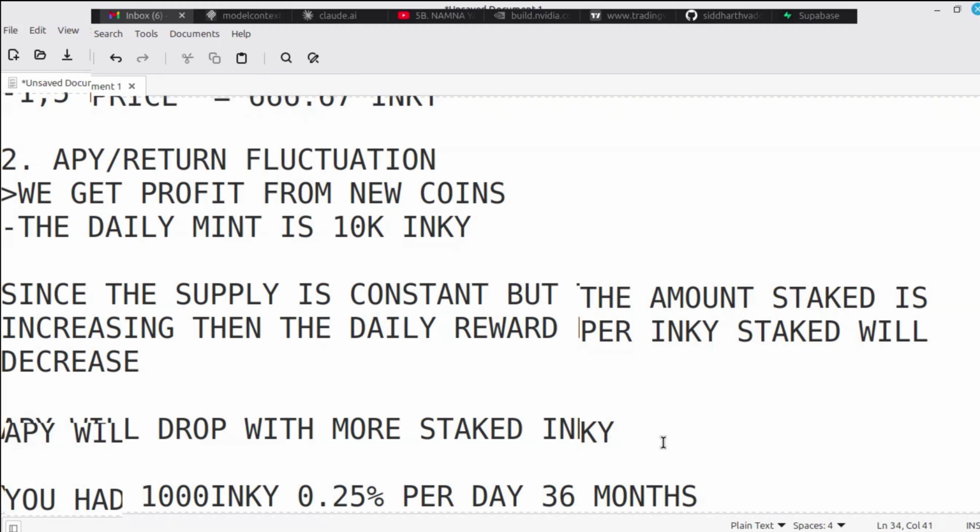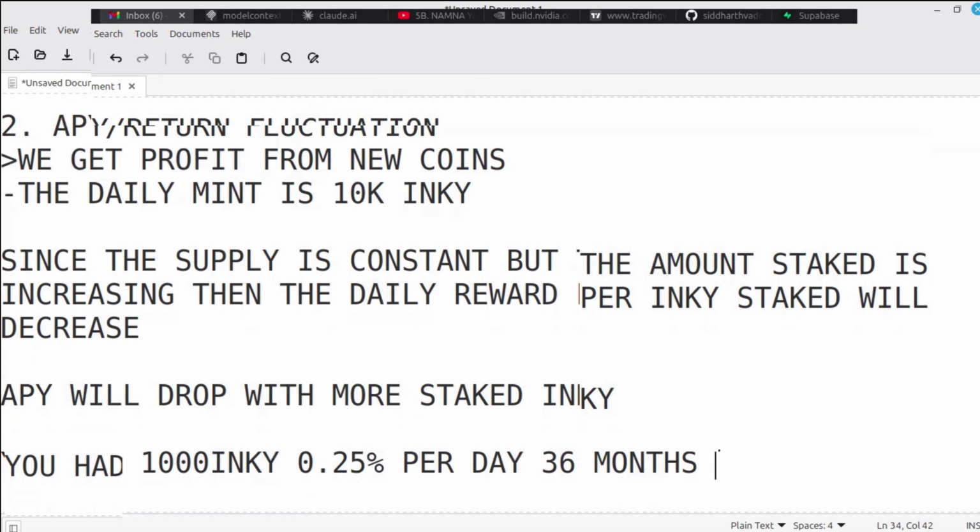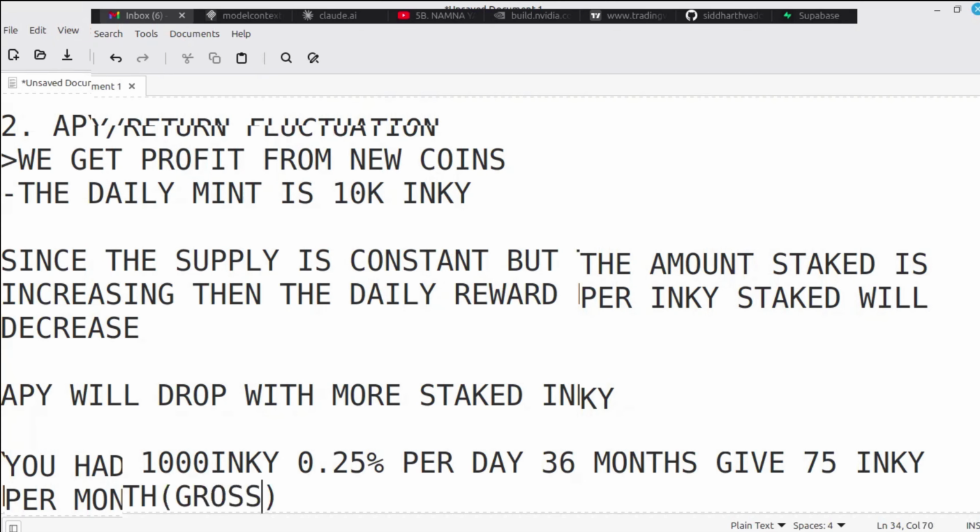It's going to be 1,000 times 0.25% every single day, times 30. So every single month you will get 75 INKY per month. Keep in mind this is gross.